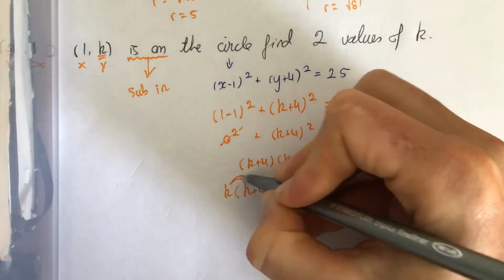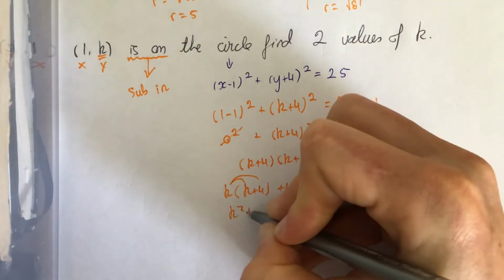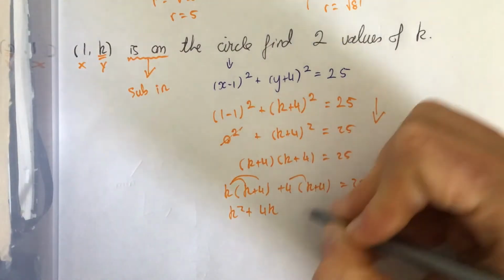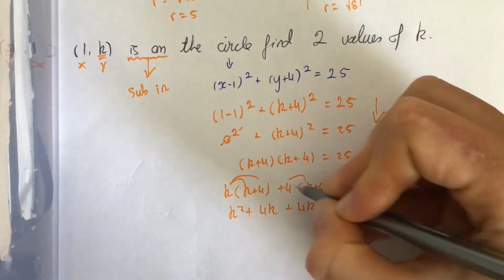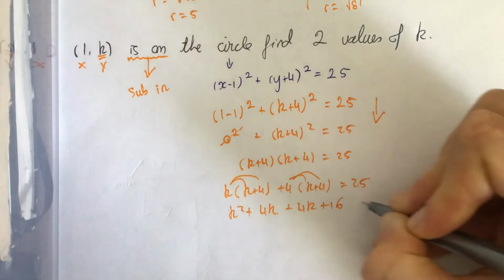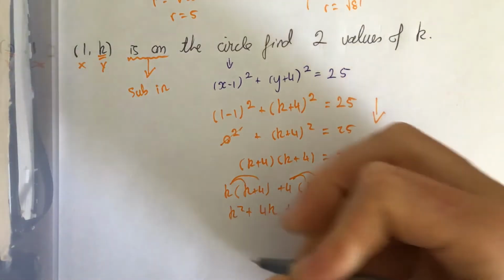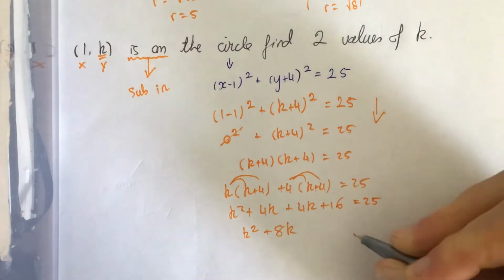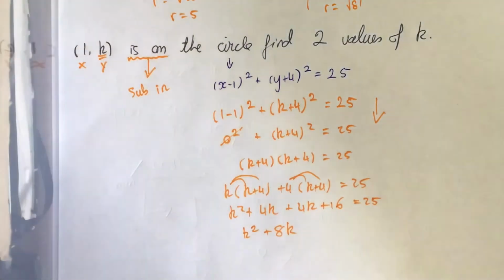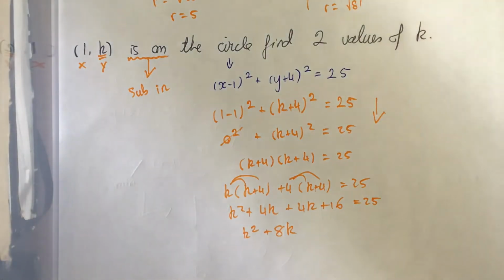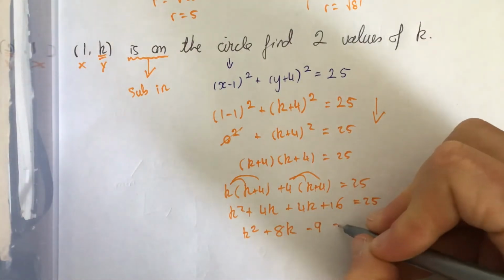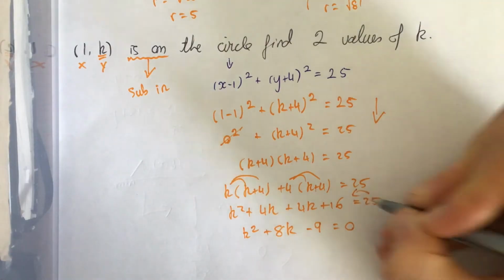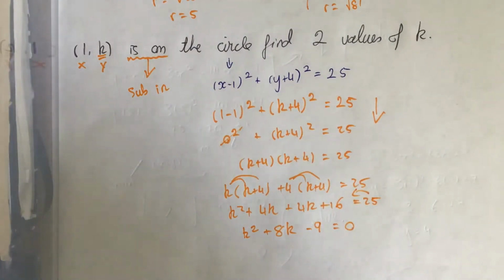And let's go k squared plus 4k plus 4k plus 16 equals 25. So that would be k squared plus 8k, now plus 16 minus 25, so that would be minus 9, equals 0. So again, I just brought that over in my head and said 16 minus 25.